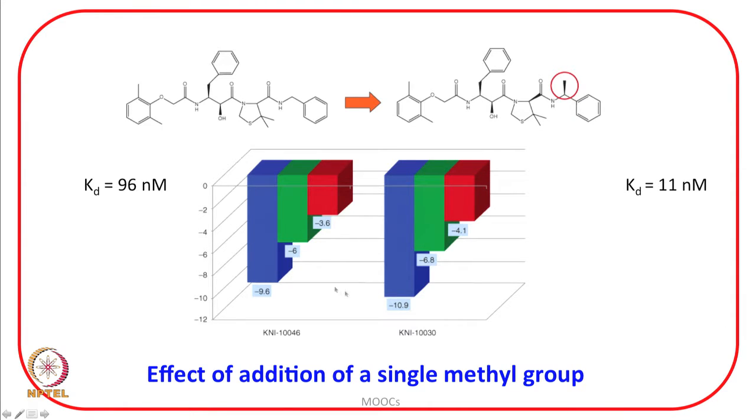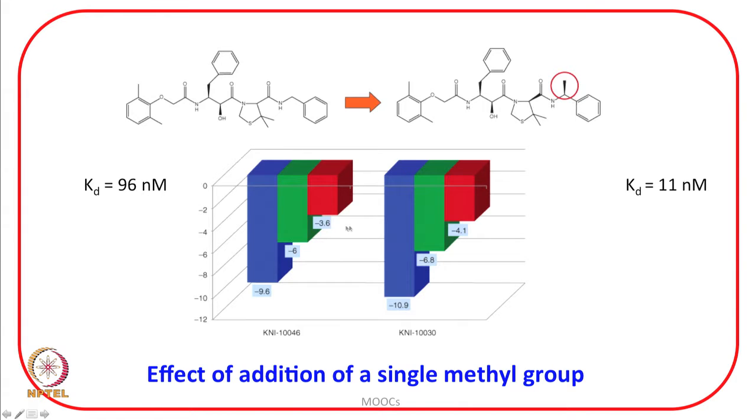But let us examine what has happened here. Although the affinity has gone up by a factor of about 9, delta G naught accordingly has become more negative, from minus 9.6 to minus 10.9. And let us take a look at the constituents of this delta G naught. Delta H naught has a marginal increase from minus 6 to minus 6.8.